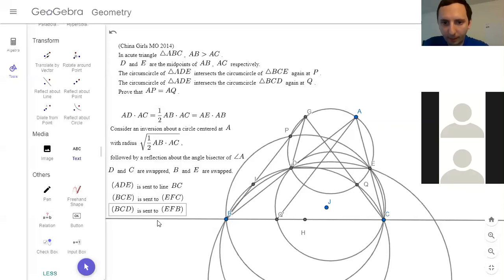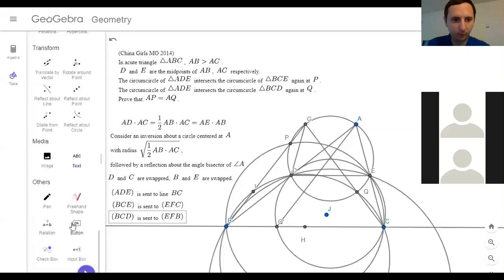So therefore, let P be sent to P prime and Q be sent to Q prime.